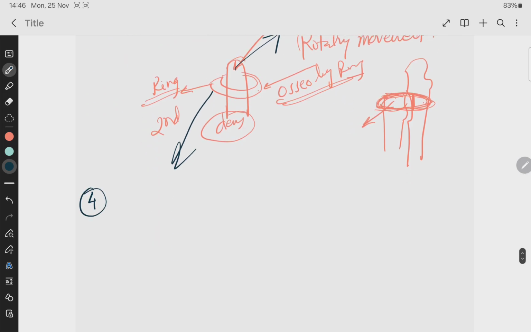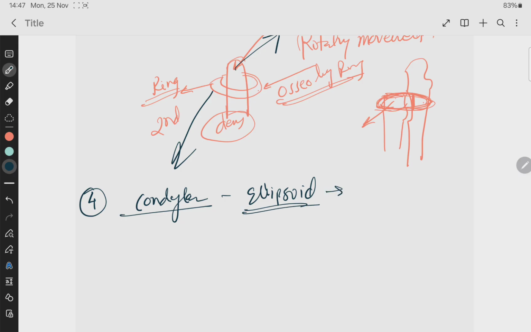Fourth variety of synovial joint is called the condylar, that we also call ellipsoid type of joint. What is the surface? They are elliptical.